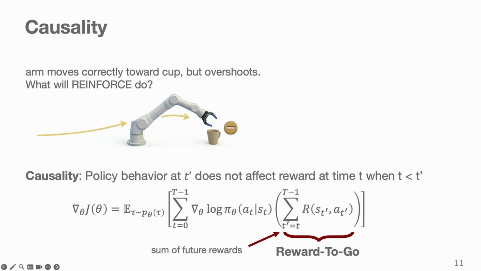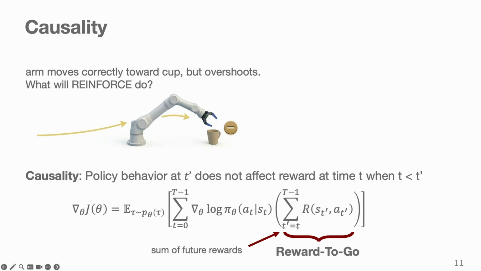It will penalize every single action in this trajectory, including all the good ones in the beginning. And that's wrong, because the first part maybe was good behavior, but the second half was bad. Essentially, the gradient will be telling the robot never to move in that direction, because it led to a bad outcome. It will be really difficult to learn this behavior because you'll need a lot of samples.